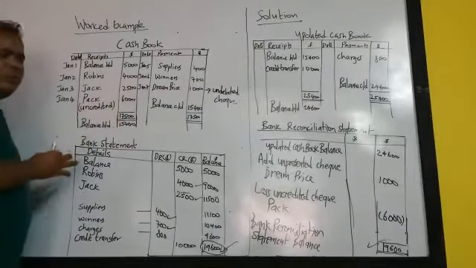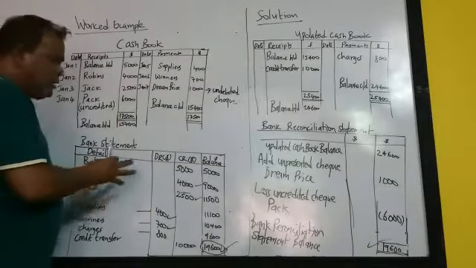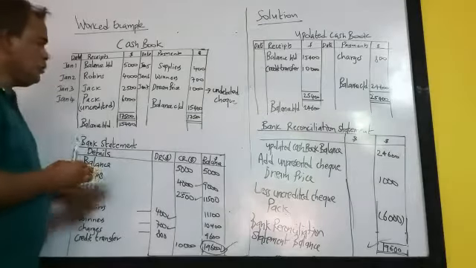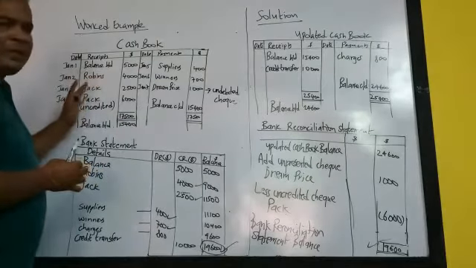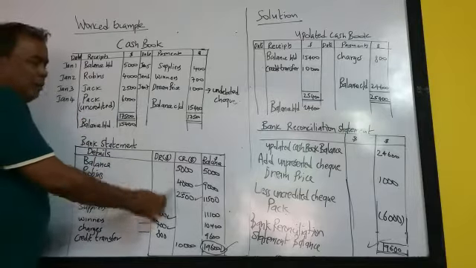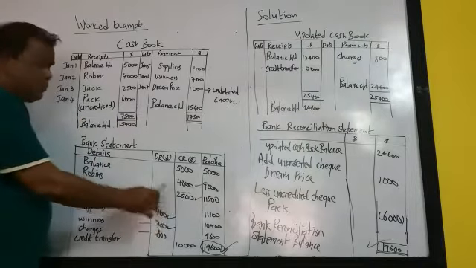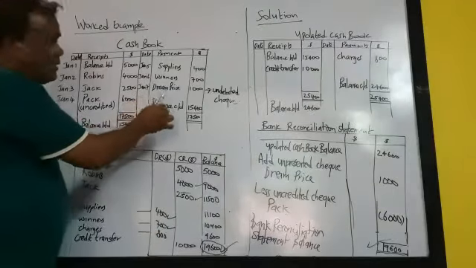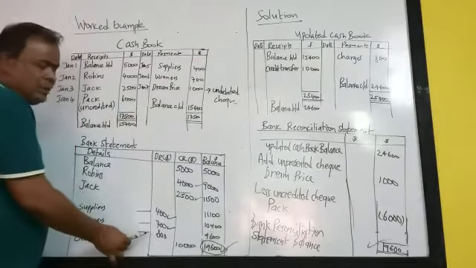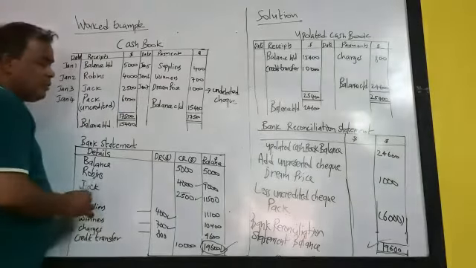The cash book will be given to you in the exams, and the bank statement. What you have to do, you have to see whether all items which are on the debit side have been credited in the bank statement, and all items which are on the credit side of the cash book have been debited in the bank statement.